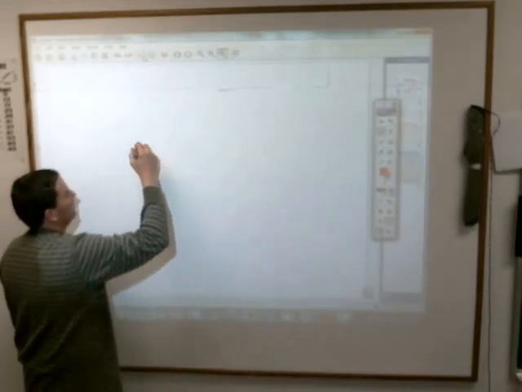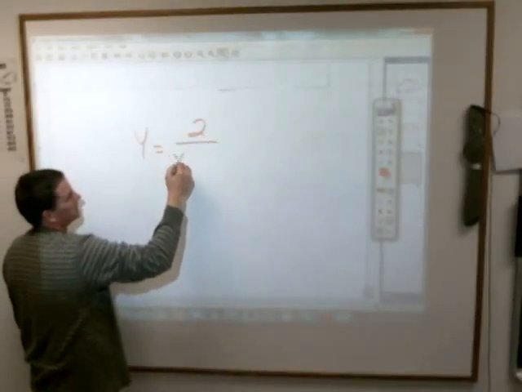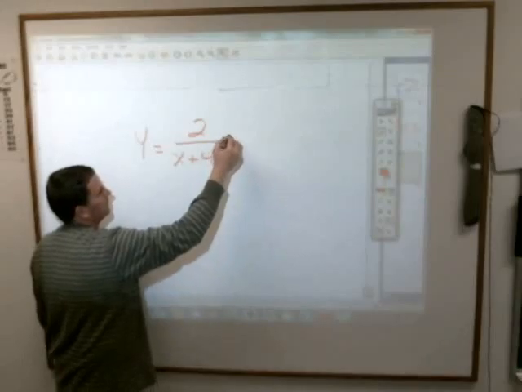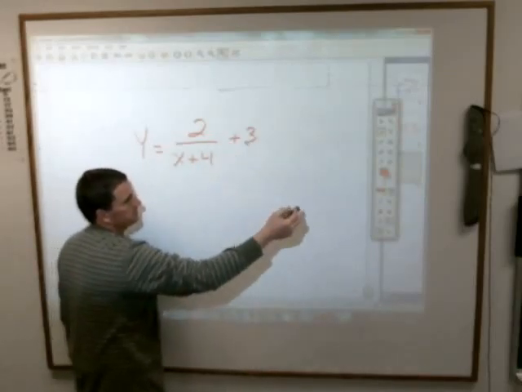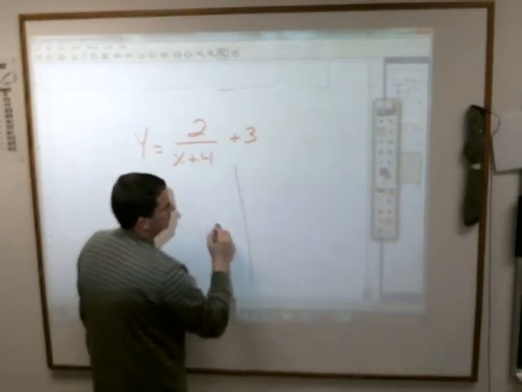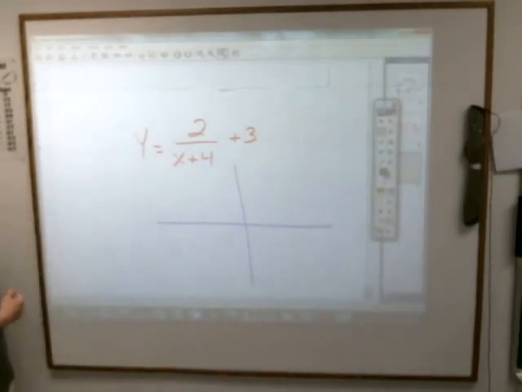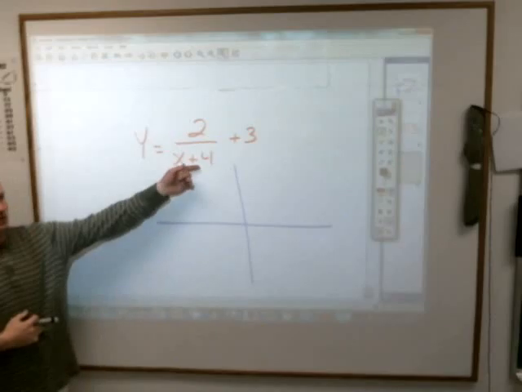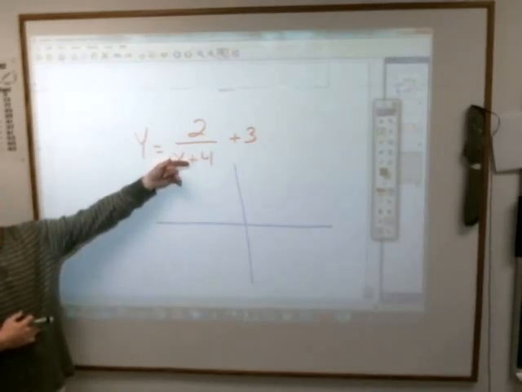For example, if you have y equals 2 over x plus 4, plus 3, and you are supposed to graph that, you need to find the vertical asymptote and the horizontal one. So you ask yourself this question: where will the bottom of the fraction be 0? What number? That's the x one.